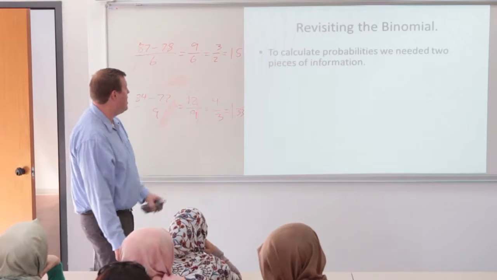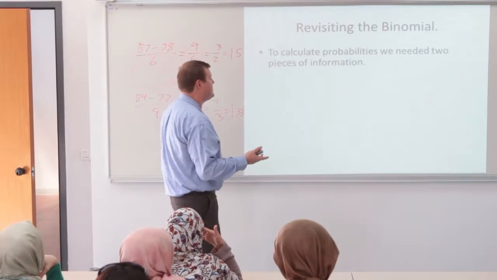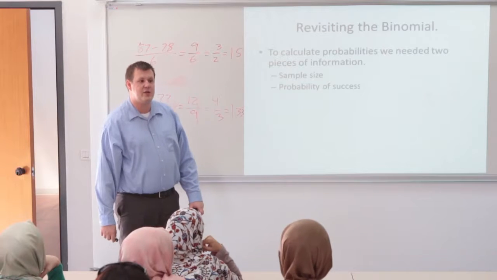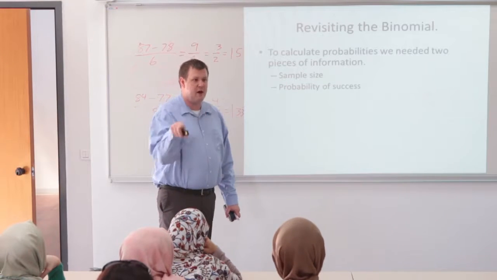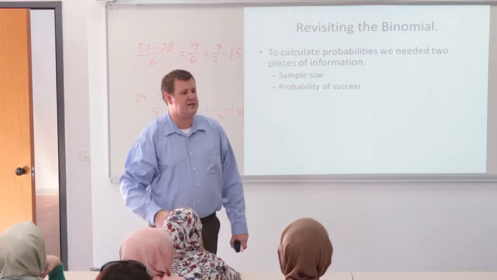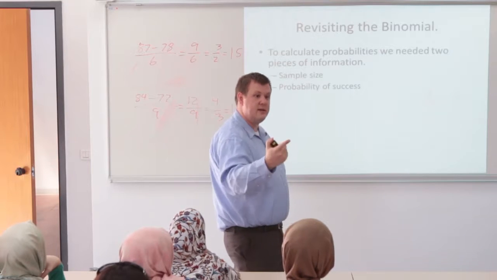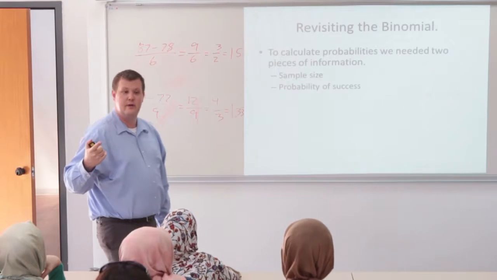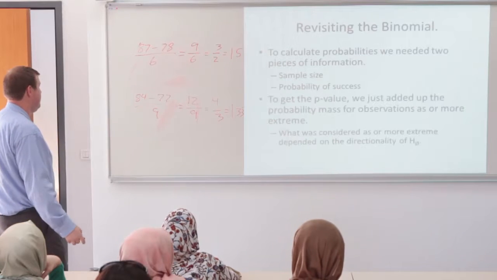So with the binomial, we said that to calculate probabilities, we needed 2 pieces of information, right? The probability mass function, we needed to tell it the sample size, and we needed to tell it, what else? Probability of success. Good.